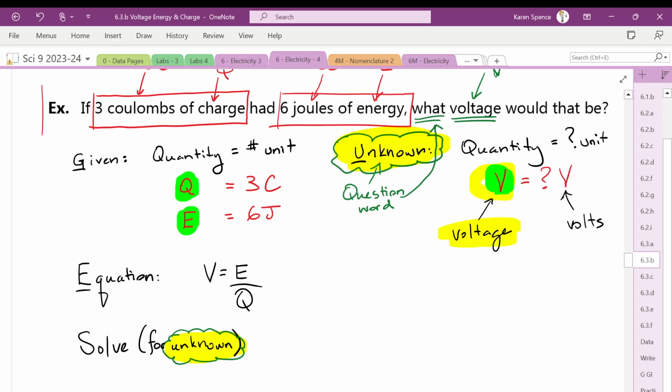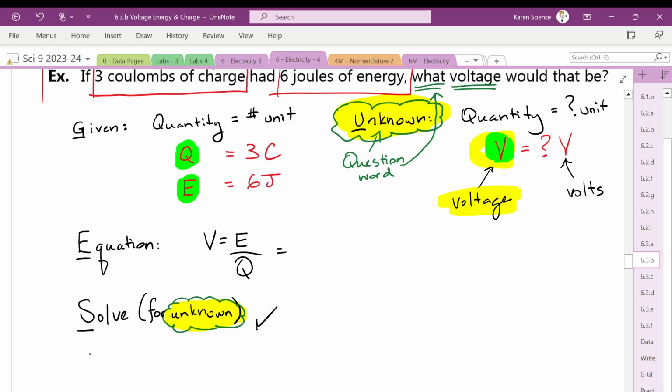Do we need to solve for voltage, or has it already been solved for? It's already been solved for. It is in the correct form already because we have V by itself, on the top, and on the left. Okay, so we don't need to solve. That's already done. Okay, so now what comes after solve? Substitute.